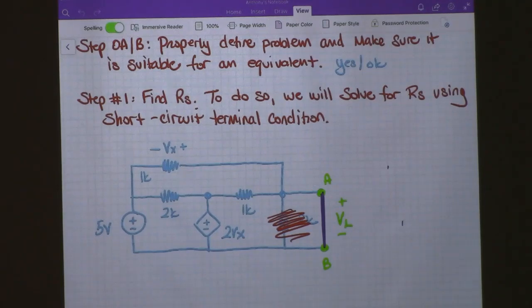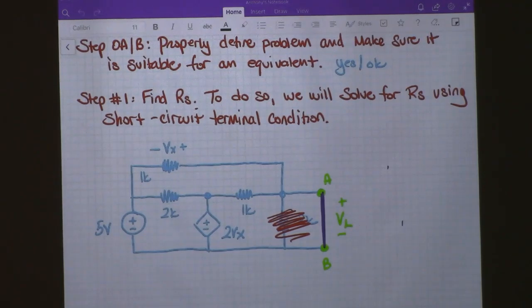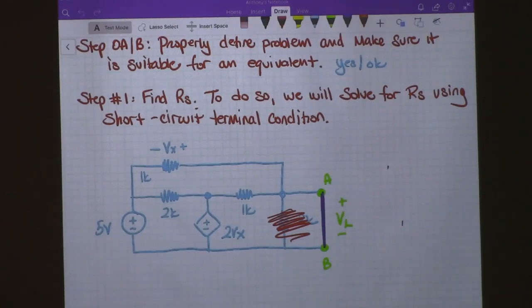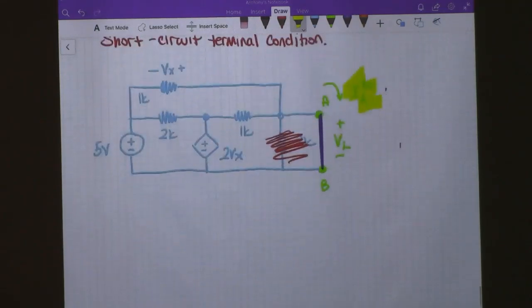Here, we are going to have to call back to some of our work from previous chapters, because we need to figure out what this current is right here. I'm going to call this IL short circuit, and this is the important value that we're looking for. All right. So, how do we do this?